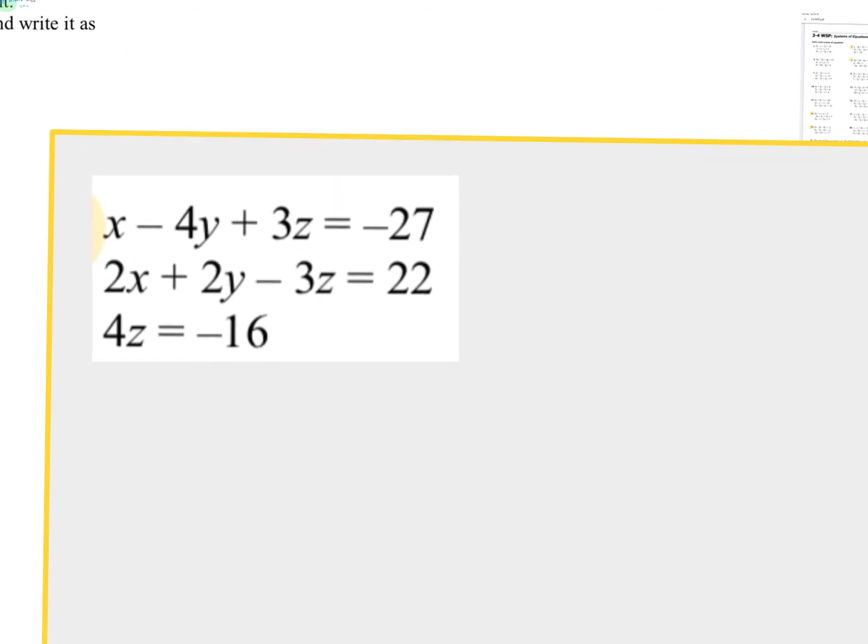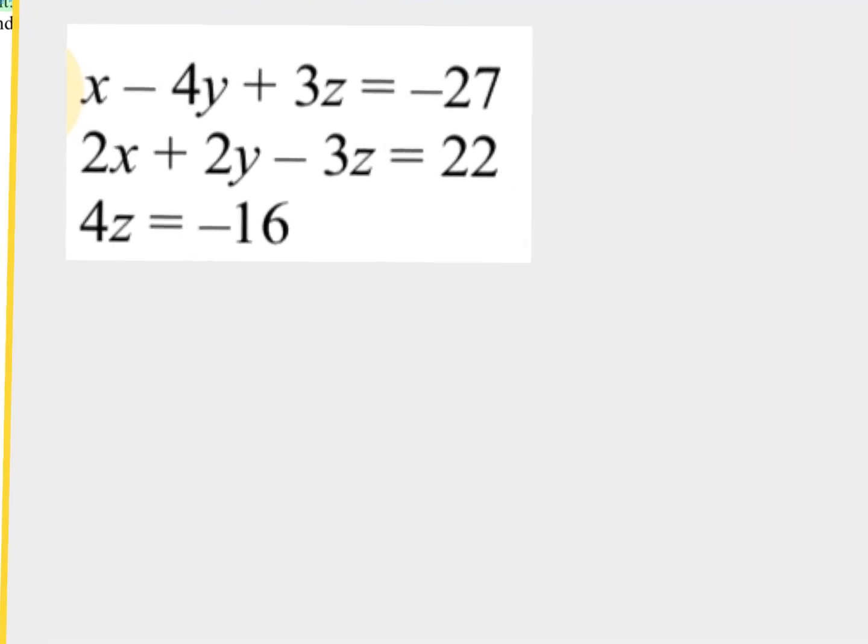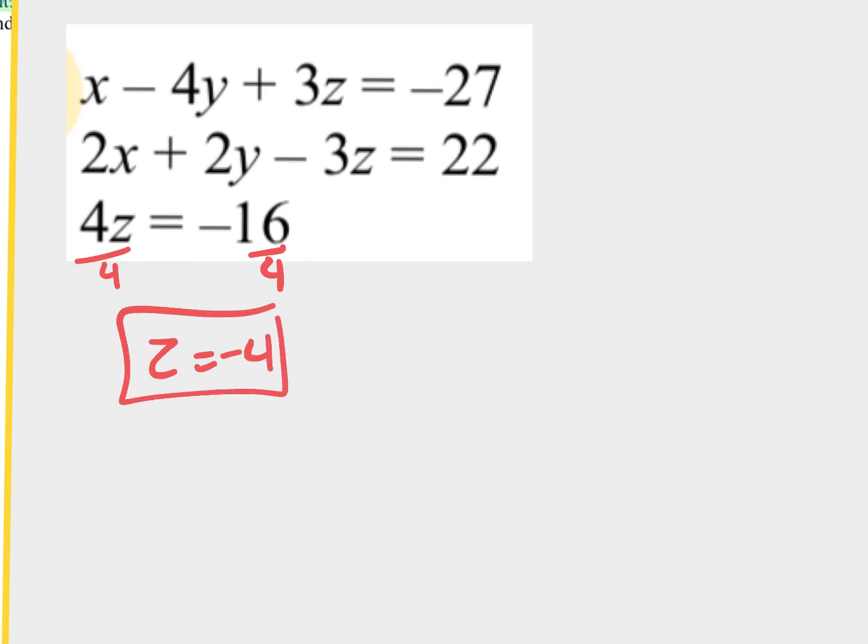So we know that they're giving us an answer right here. Indirectly, they're telling us that z equals -4, right? If you take that third equation, divide by 4, we get z equals -4. That is an answer. Now, remember, those steps that we've been practicing with, the whole purpose of those steps is to create a 2 by 2 system that we could actually solve, right?